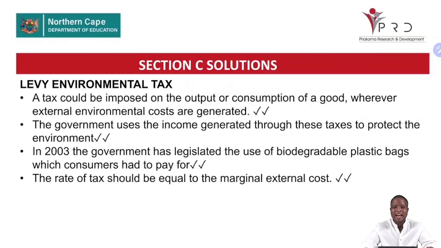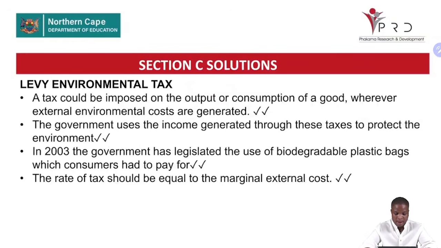When you produce tires, for example, you are going to pollute the air, then the government is going to charge you for that. You are going to reduce what? The supply. The government uses income generated through these taxes to protect the environment. In 2003, the government legislated the use of biodegradable plastic bags, which consumers had to pay for.